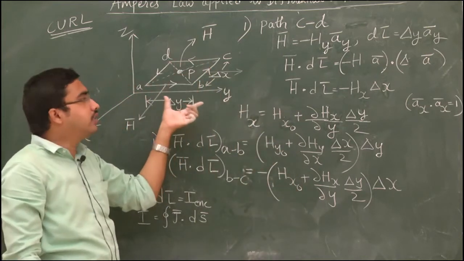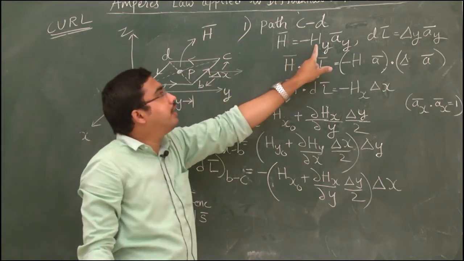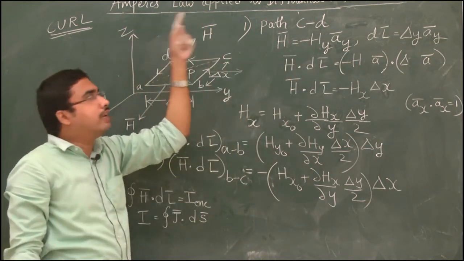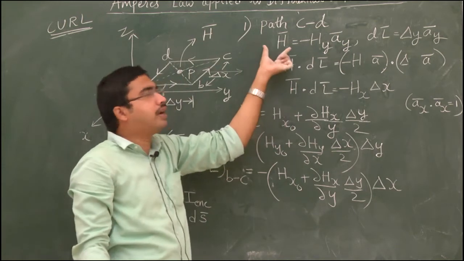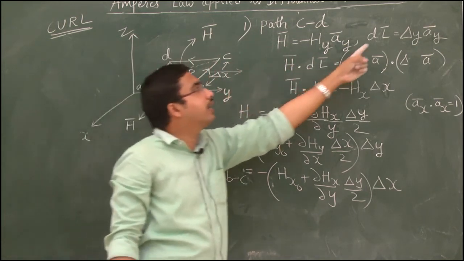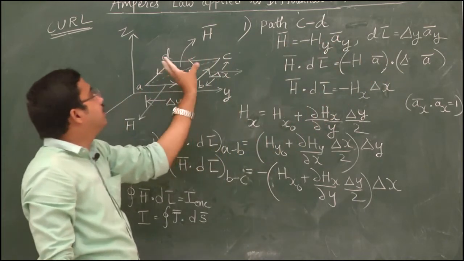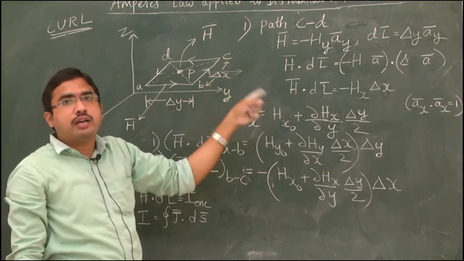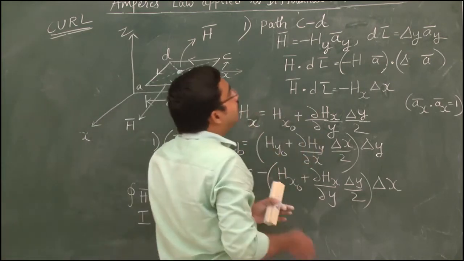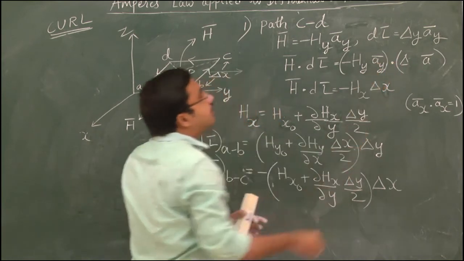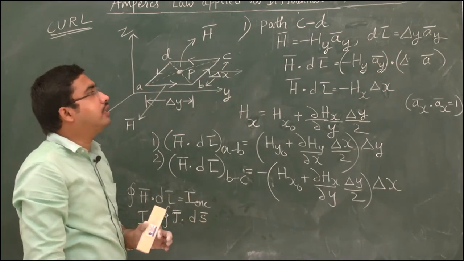As it is matching with the y direction, I am taking hy, and as it is opposite to the y axis direction, I am taking minus ay. That is the h bar expression, and the differential length is simply delta y into the unit vector ay. Now h bar dot dl bar means minus hy ay.